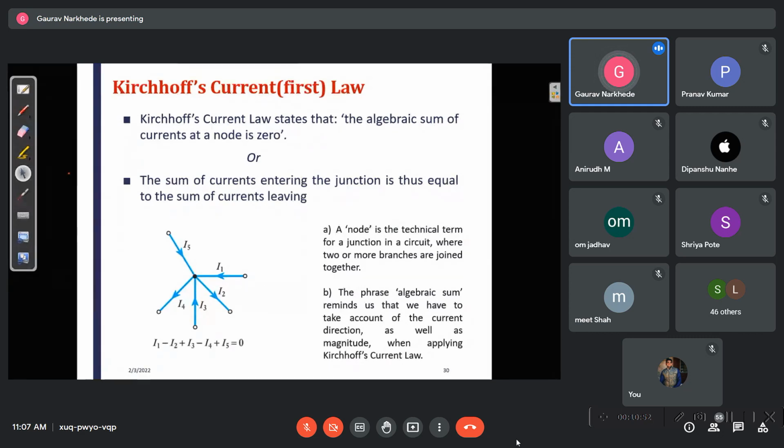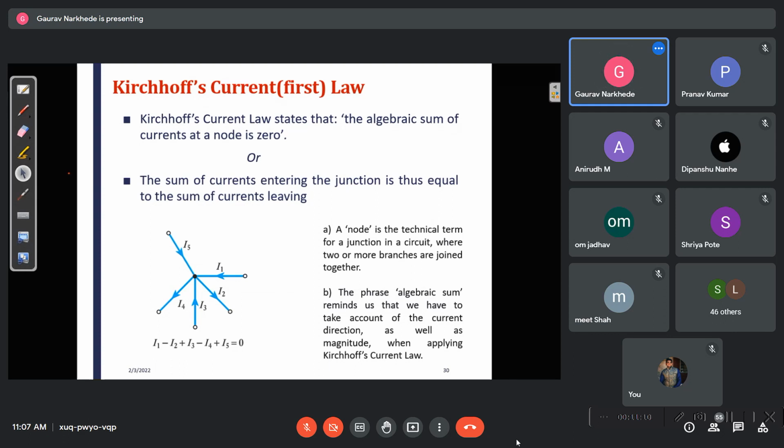So in this case, I1 minus I2 plus I3 minus I4 plus I5 is equal to 0. Or you can also say the sum of the currents entering the junction is equal to the sum of the currents leaving the junction.